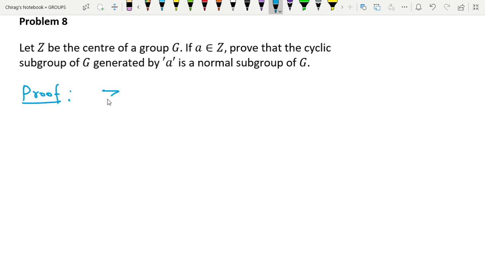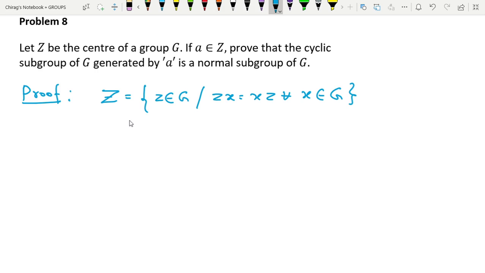Center Z is equal to the set of all small z belonging to G such that zx equals xz for all x belonging to G. That means if small z is an element of capital Z, then it has to commute with every element of G.